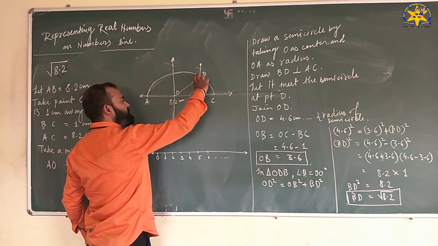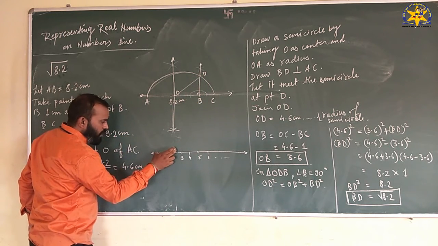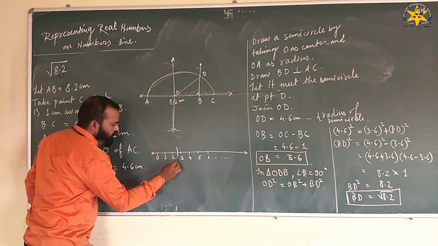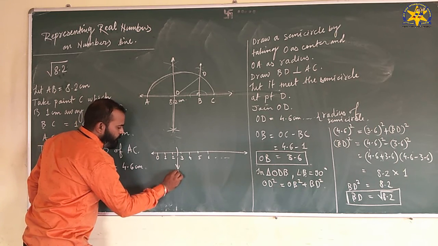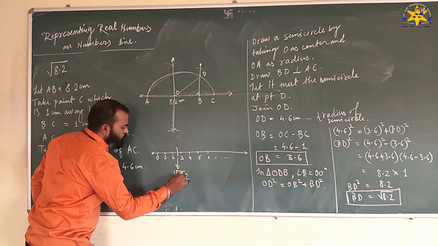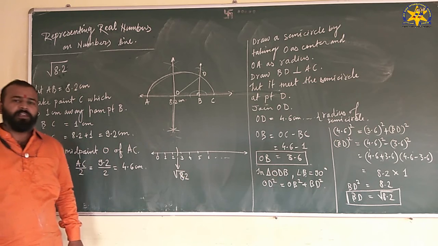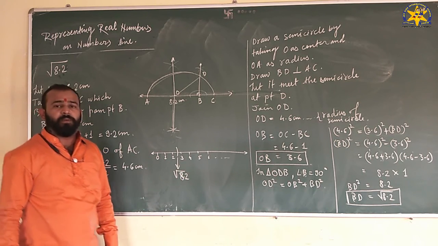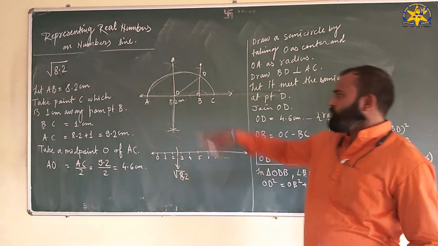I have taken this distance. This distance is root 8.2. Root 8.2 को यहाँ पे रखो and mark the arc. This will be showing the square root of 8.2. So in this way we can represent any decimal number or square root of any decimal number on the number line. Okay, please note it down.